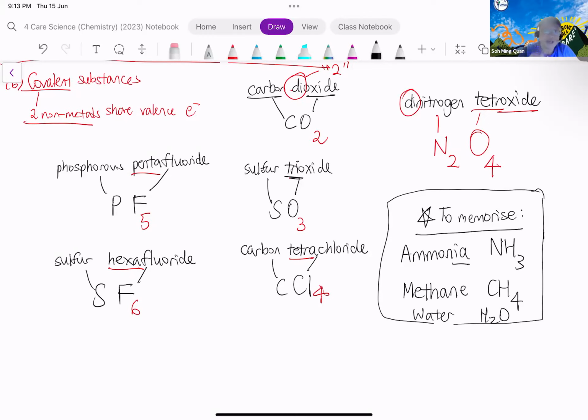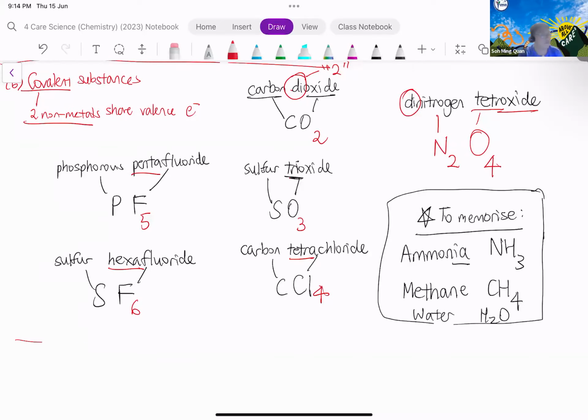Okay. Now, for covalent substances, this involves two nonmetals sharing their valence electrons. So in covalent substances, we do not have any charges. What we have though is a system of prefixes. The prefix tells us how many of each of these atoms you have. Okay, such as di means 2, tri means 3, tetra means 4, and so on.